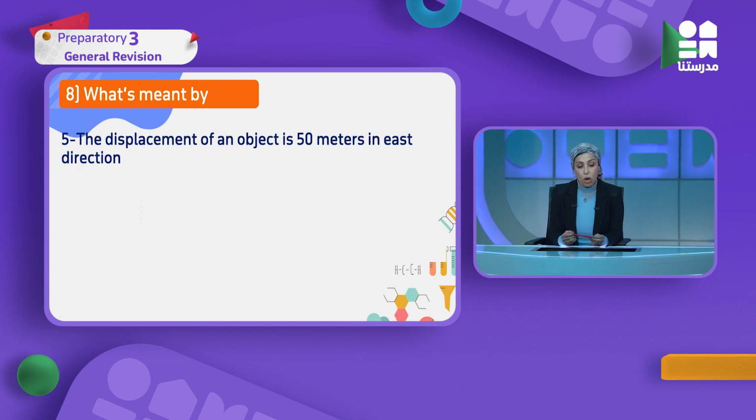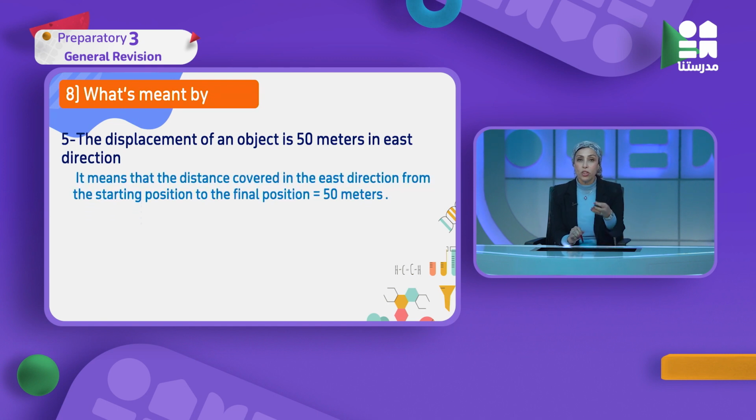The displacement of an object, also what's meant by: the displacement of an object is 50 meter in east direction. What's meant by displacement? I'll say the definition of displacement. It means that the distance covered in the east direction, I have to mention direction here, and he gave it to me, from the starting point or initial point to the ending position is 50 meter.